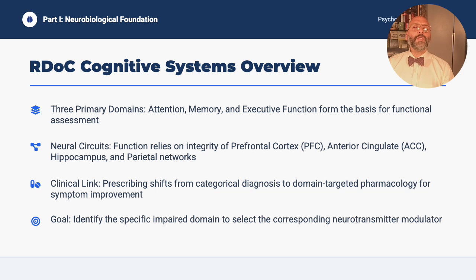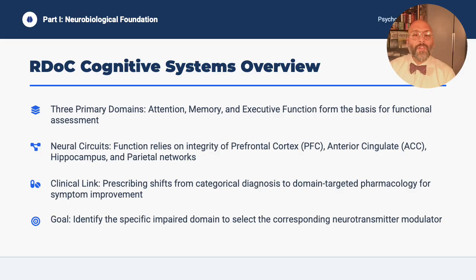Now, this slide introduces the organizing framework that we'll keep returning to. So rather than starting with DSM diagnoses, RDoC asks us to think in terms of functional domains, most notably attention, memory, and executive function, because those domains cut across the diagnoses, across the lifespan. Now, clinically, these functions are not abstract, and they depend on the very integrity of the circuit controlling them.